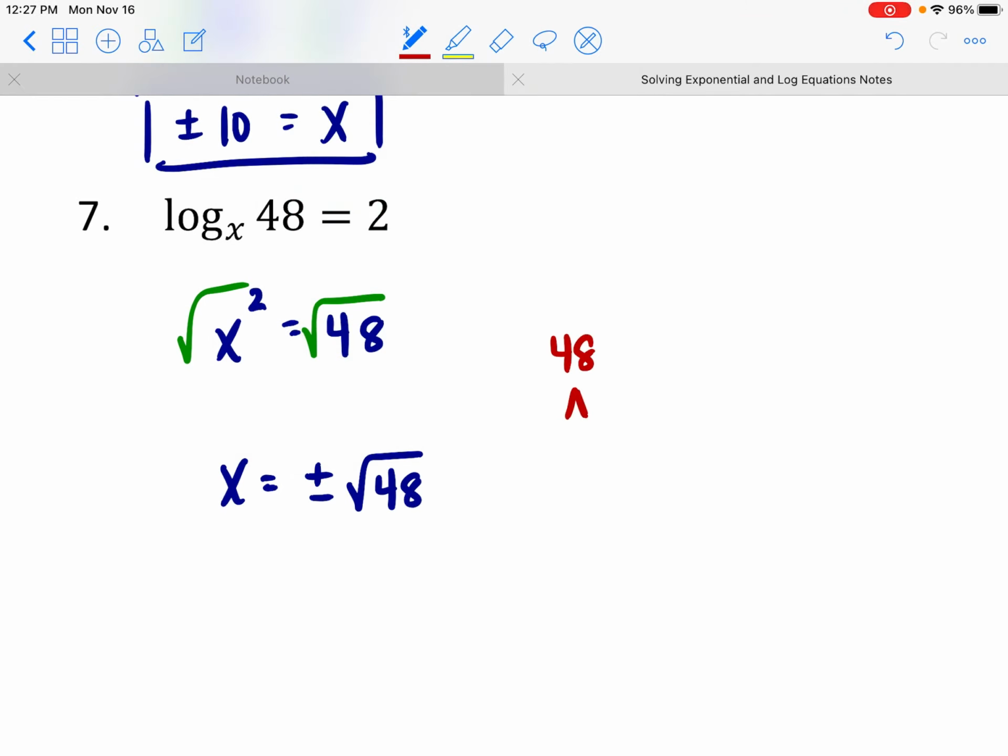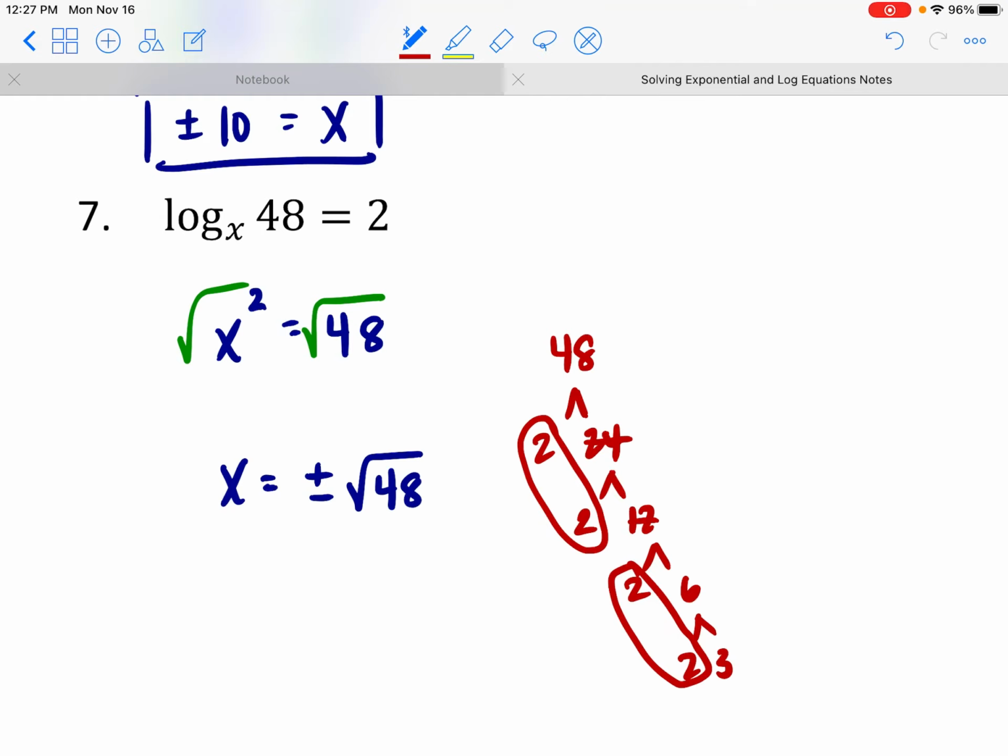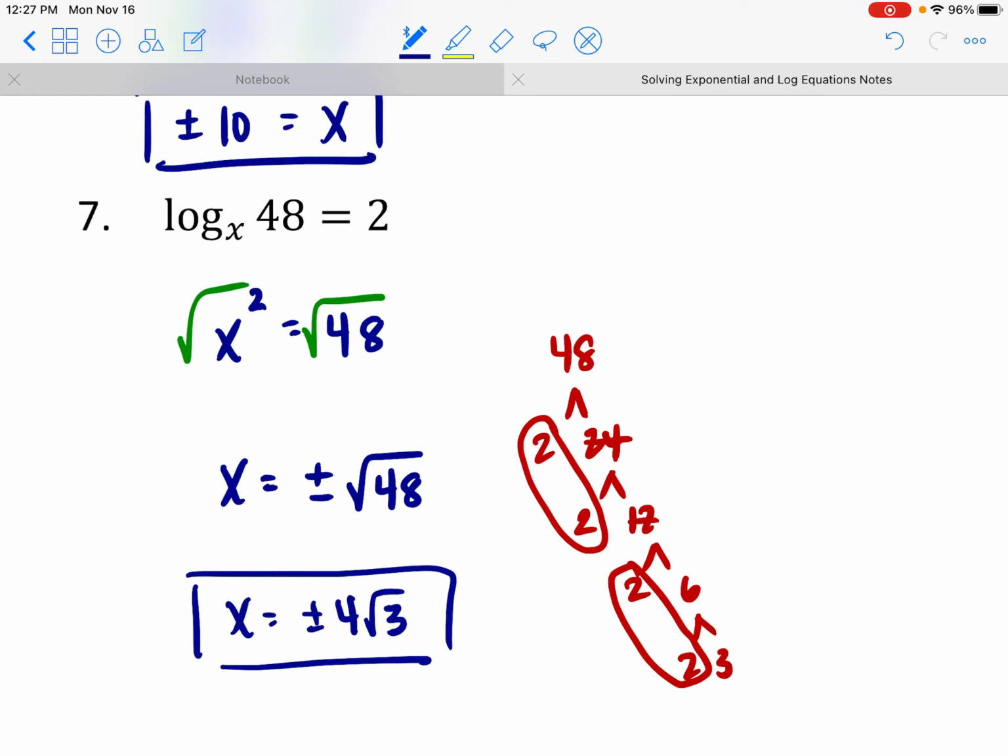If we break down the 48, it's 2 times 24, and then 2 times 12, and then 2 times 6, which means a 2 will come out, and 6 breaks down, another 2 will come out. So we're looking at x equal to plus or minus 4 radical 3 for our exact solutions.